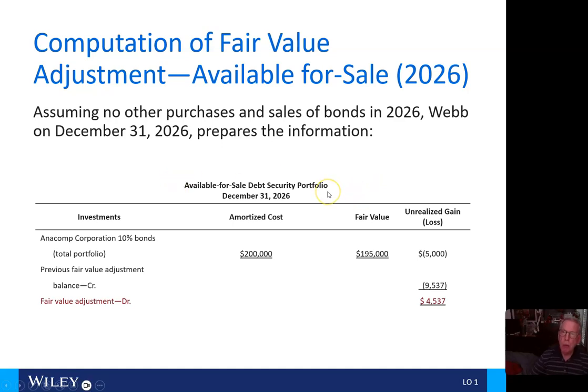Now, assuming no other purchases and sales of bonds in 2026, Webb on December 31, 2026 prepares the following information, and you can see the amortized cost remaining here, and the fair value was $195,000. That was the unrealized loss of $5,000.